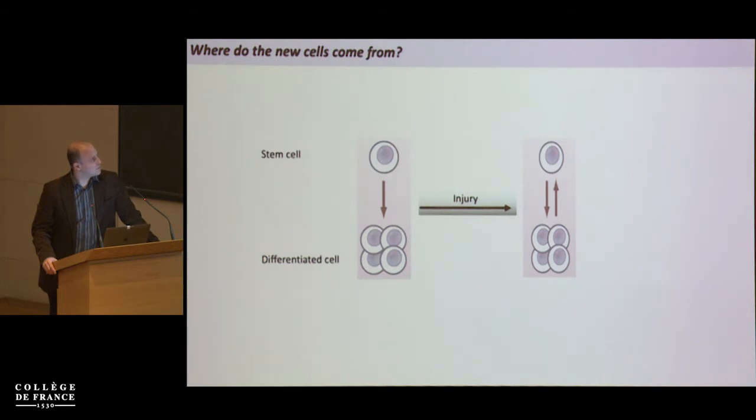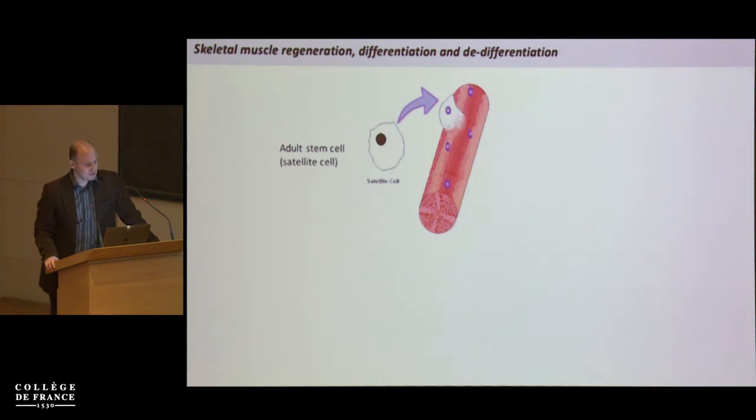But what I'm going to show is a much more radical manifestation of in vivo reprogramming. The model that I'm going to talk about is skeletal muscle, and Shahragim already nicely introduced the system. When we injure our muscle, the satellite cells are the ones that repair it.